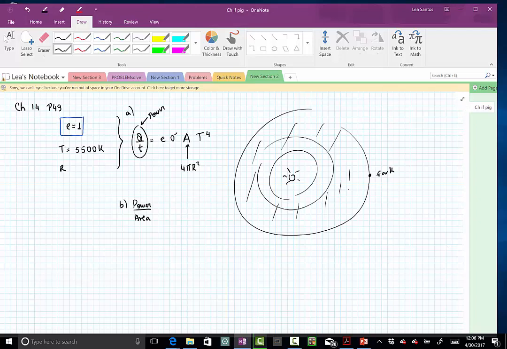All right, so what we have to do is that value that we got above, this power that we got here, we are going to divide it now by this area, but which area? The area that goes from the sun all the way to Earth.